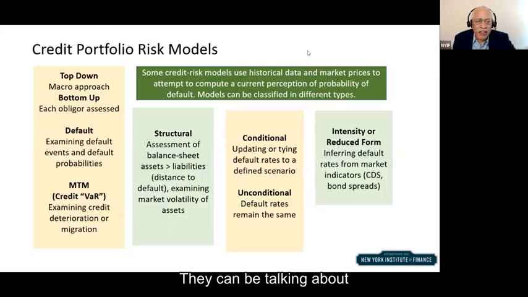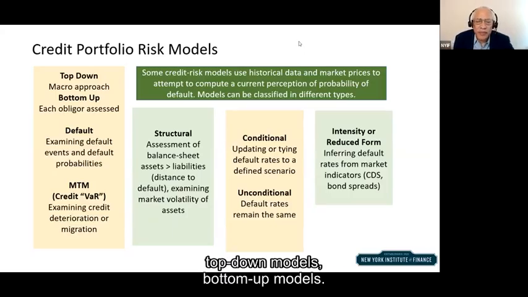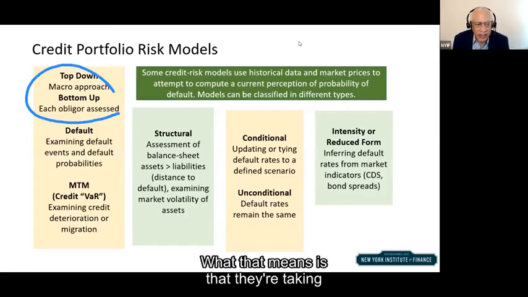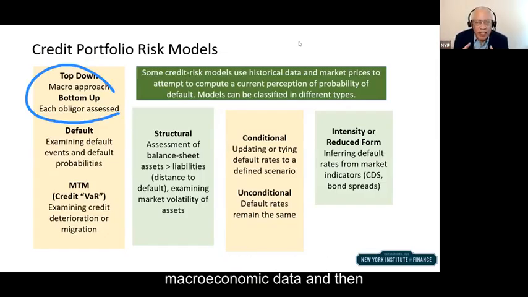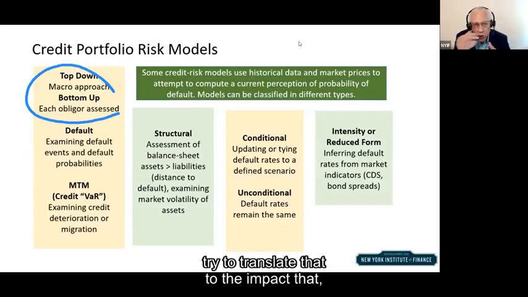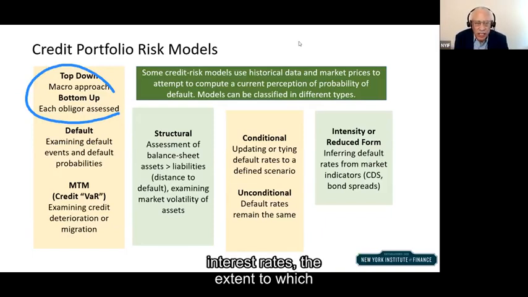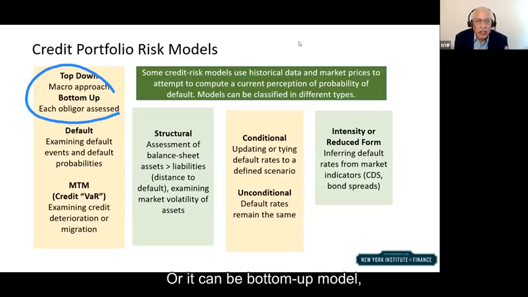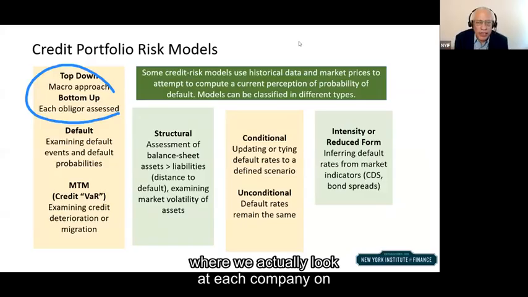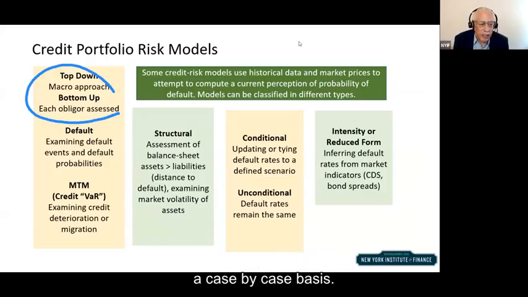We can talk about top-down models, bottom-up models. What that means is that they're taking macroeconomic data and then trying to translate that to the impact that macroeconomic data, GDP, inflation, unemployment, interest rates, the extent to which that can have impact on a particular company and its probability of meeting obligations, or a bottom-up model where we actually look at each company on a case-by-case basis.